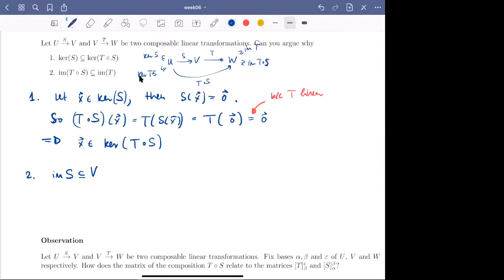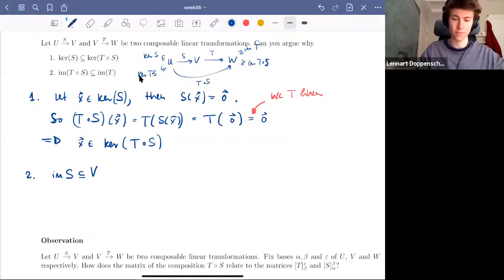Yeah, so since the image of S is a subset of V and T sends every single vector in V to W, shouldn't that by linearity imply that the image of T composed with S is a subset of the image of T? I mean, I'm just trying to be careful not to skip any details, not to say it's clear or obvious without actually having checked every detail.